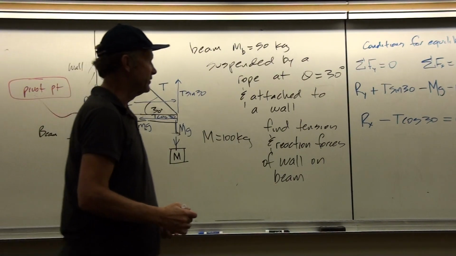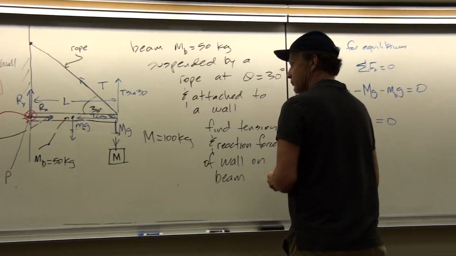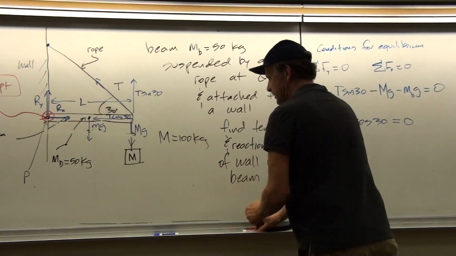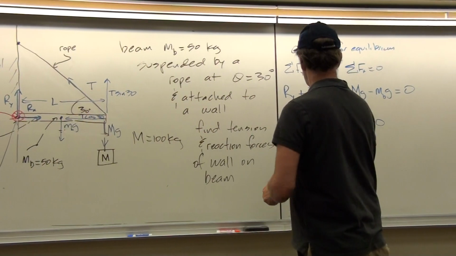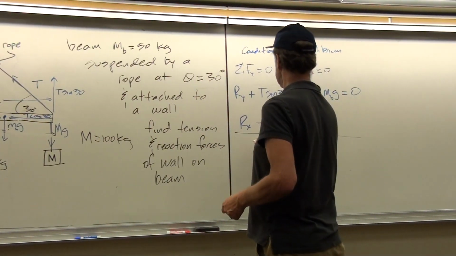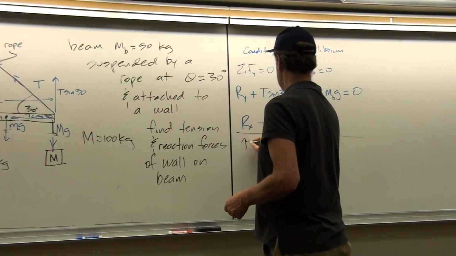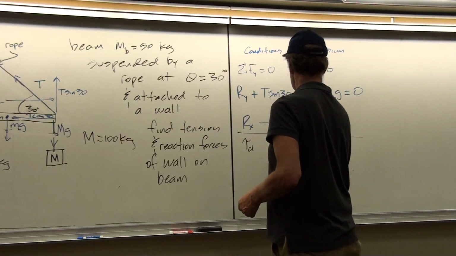And so that's our strategy here. So that was, remember, step 1: be smart about how you choose your pivot point. Step 2 is to set up a table of clockwise torques and counterclockwise torques.